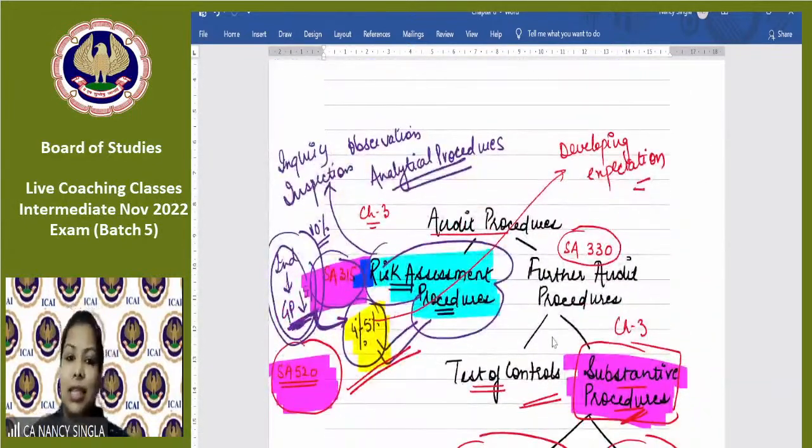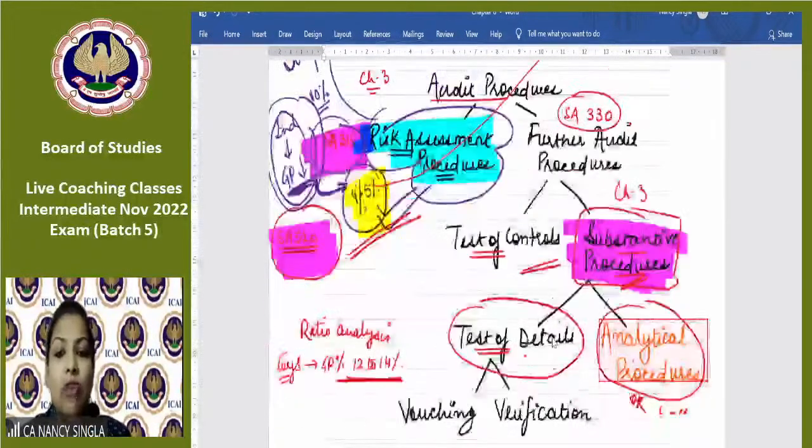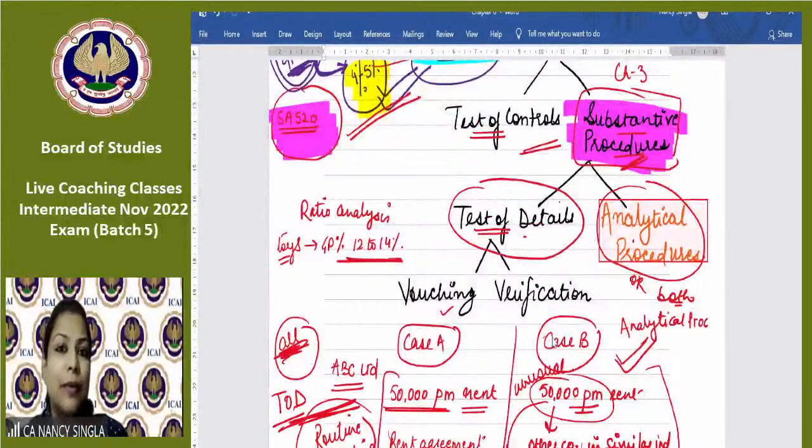So we have seen that when the auditor is performing risk assessment procedures, the auditor may perform analytical procedure and SA 315 will take care of that. Now, when the auditor performs analytical procedure as substantive procedure, you may use the term substantive analytical procedures here.